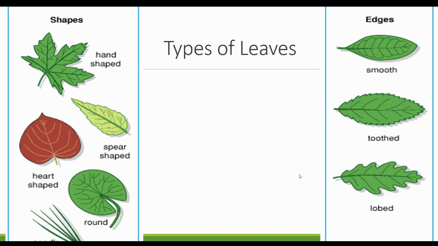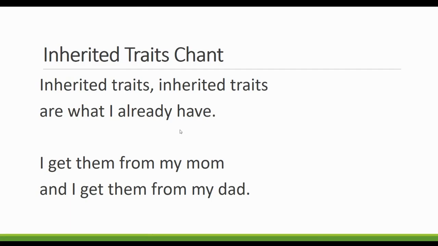Again, these are some different types of leaves that some plants will inherit. If the adult plant has these types of leaves, the young plant will also inherit the same type of leaf.